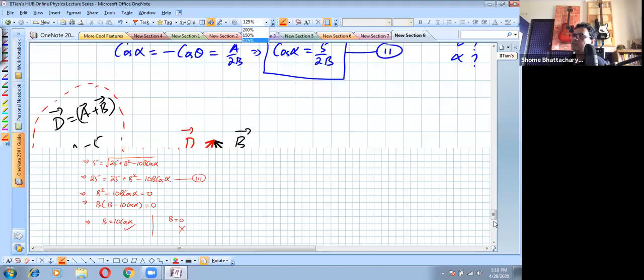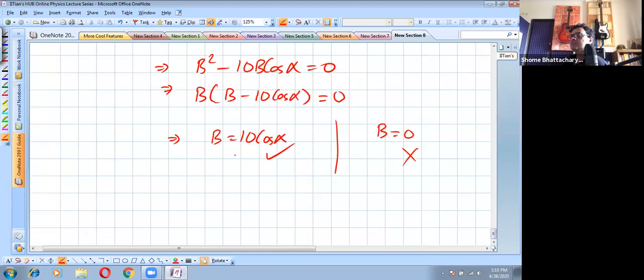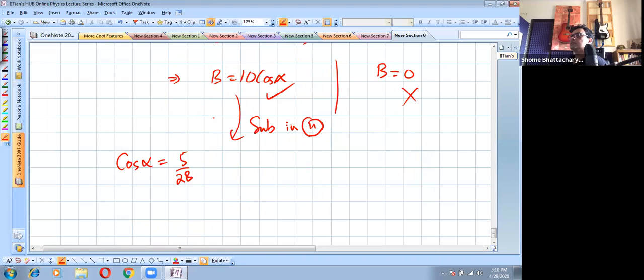Now solving these three equations, we substitute this in equation 2. If you go above, you'll see it was cos alpha equal to 5 by 2b, because it was based upon hypotenuse. The base of that triangle was a, the hypotenuse was this. Now substitute this over here. From this, cos alpha can also be written as b by 10.